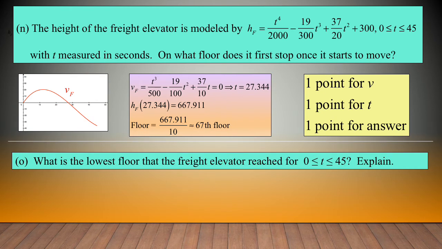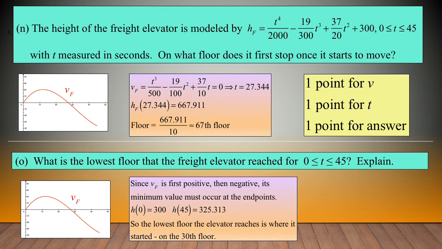Question O reads, what is the lowest floor that the freight elevator reached for t between 0 and 45? Explain. We use the same picture of v sub f as we used in the previous problem. We see that v sub f is first positive and then negative, so therefore the minimum value must occur at one of the endpoints.